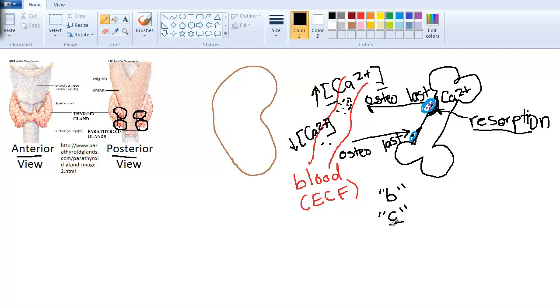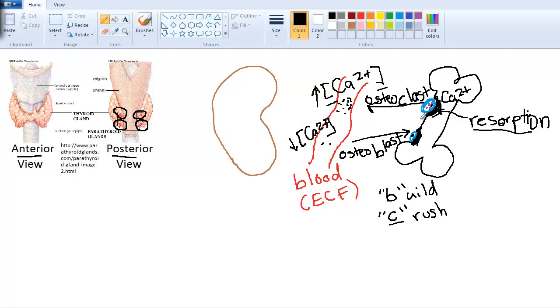So when I take the C, I think of crush. So where are we crushing the bone? Well, we're not really crushing it, we're resorbing it due to the mineralization of acidic enzymes. So this here will be our osteoclast, which would make this here osteoblast, but I just take the B and I remember build. So we are building bone.